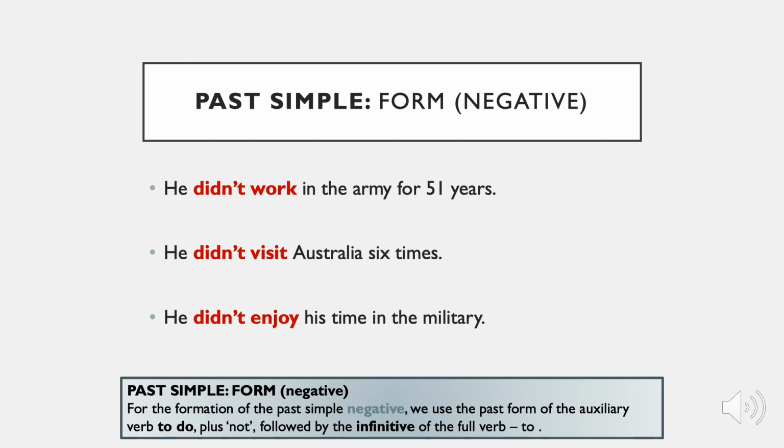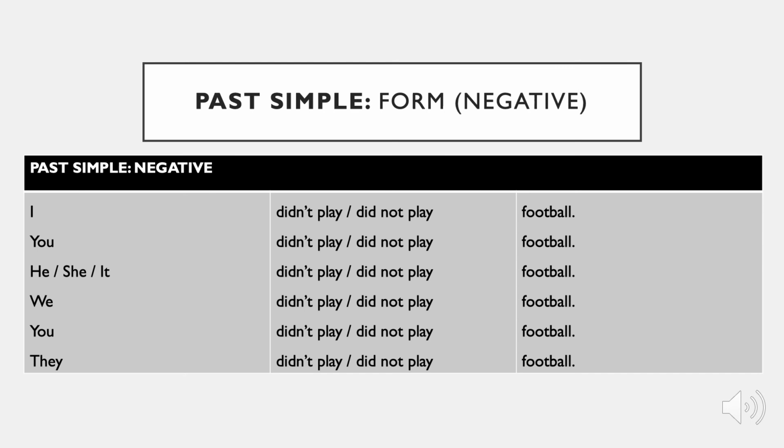Then you get rid of the word to, and then you're left with only work. And then we also have to add the auxiliary verb, so it becomes he didn't work in the army for 51 years.